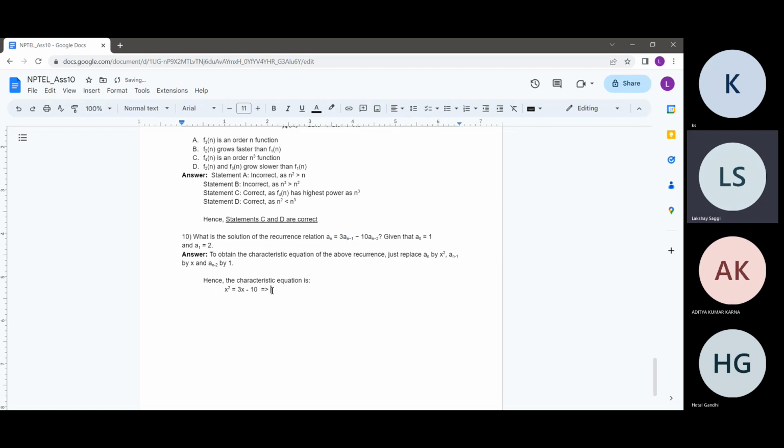We'll now need to solve this characteristic equation. In the recurrence, we obtain the characteristic equation and then solve it to obtain its roots. This is a quadratic equation, x squared is 3x minus 10. So what will be the roots? We can just apply the quadratic formula.